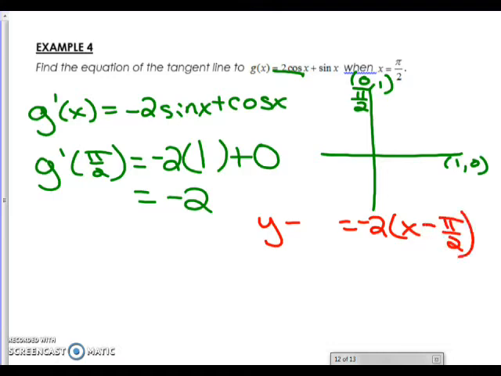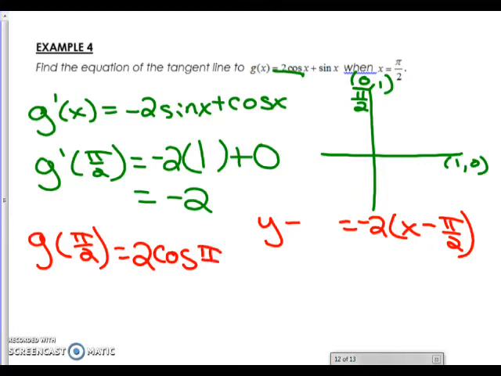If I'm plugging in, you'll notice that we're missing that y1. So I'll do a little scratch work to find that. To figure that out, we plug back into the original. You always plug back into the original when you're trying to use the point slope formula. So it'll be 2 times cosine of pi over 2 this time, plus sine of pi over 2.